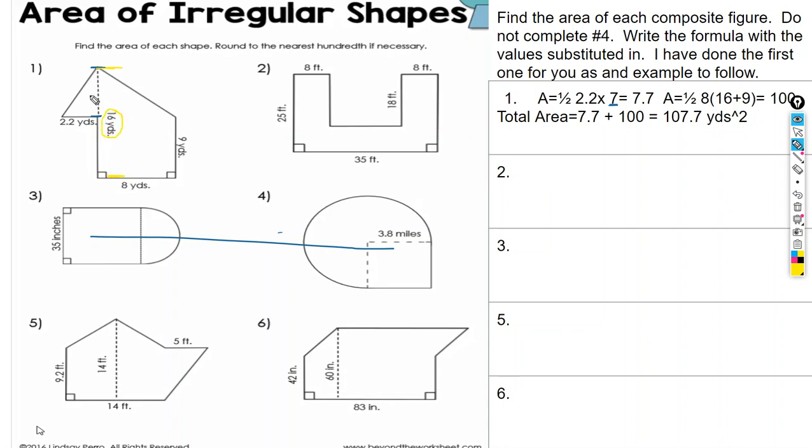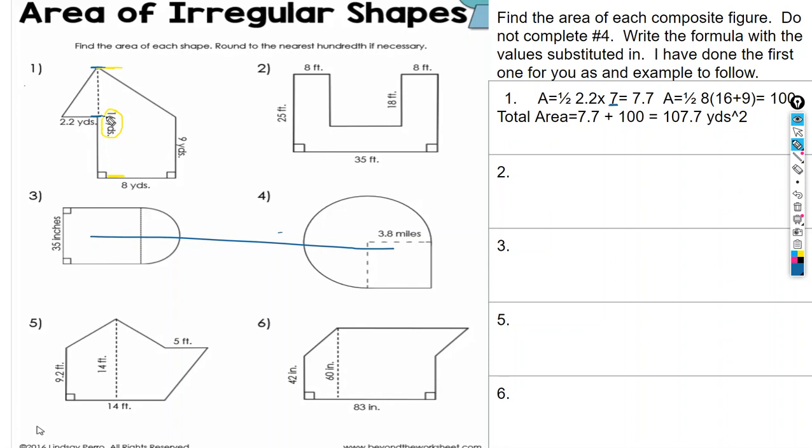But I don't need the whole height. I only need part of it. I only need the part that goes from the base of the triangle to the peak of the triangle. So to find that, I have to find the difference between here and here. And to find that, you take what you know.